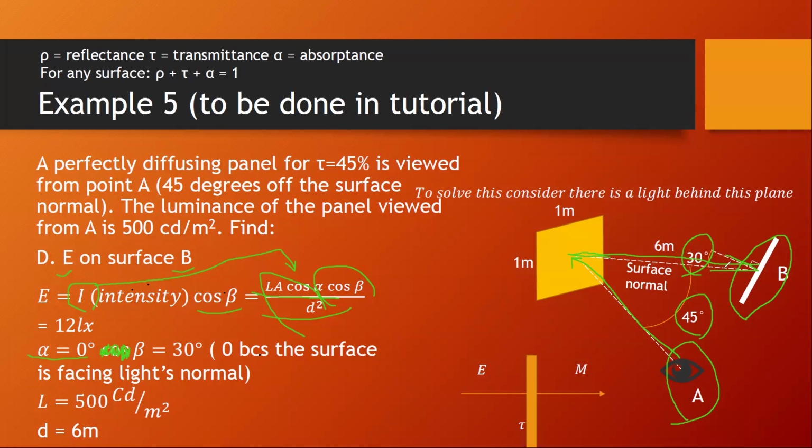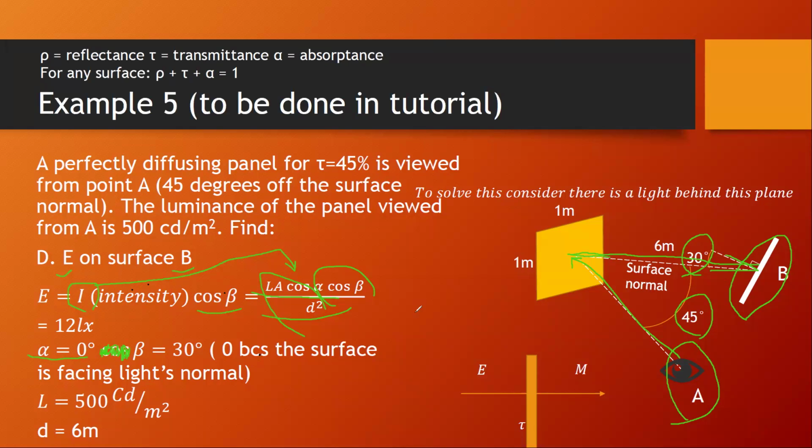With the surface, it's similar if my eye was here, but now the difference is that you got the surface there, the alpha is 0, but the beta is different because the surface is tilted. So the normal of this surface is tilted. And that is where we form the beta. Does that make sense?